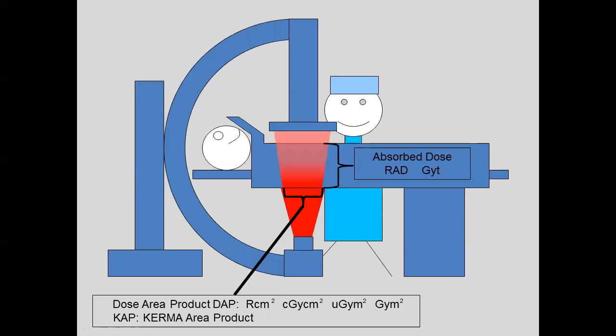So half the radiation is attenuated in the first 3-4 centimeters, and then it gets scattered and can have multiple interactions. So when you look at your total cumulative entrance skin exposure or your cumulative air kerma, it can actually be up to 40 to 60% higher because of the scatter radiation. It's how much radiation was actually absorbed in that area because of the multiple interactions. So that's called the backscatter factor.